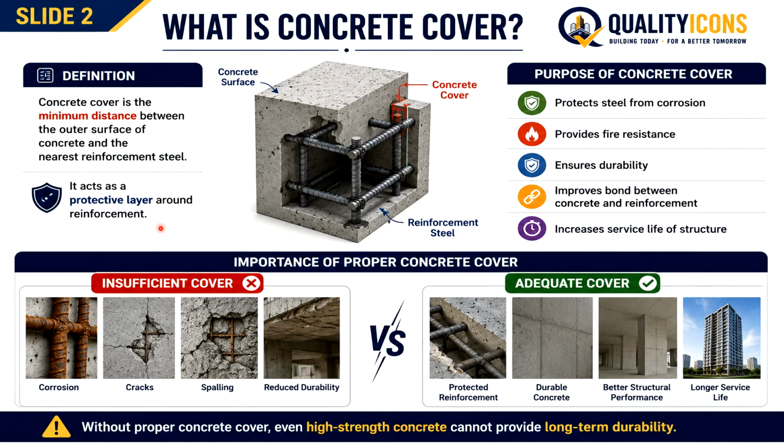Is it clear? Before understanding clear cover and nominal cover, let us first understand what concrete cover is. Concrete cover is the minimum distance between the outer surface of concrete and the nearest reinforcement steel.